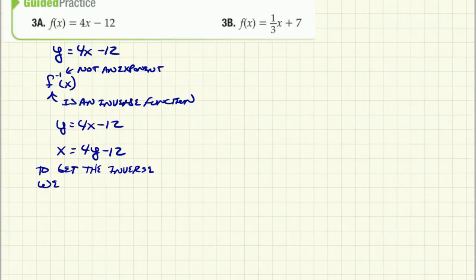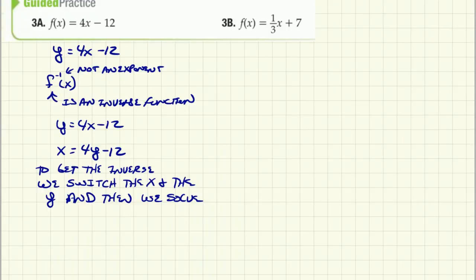So to get the inverse, we switch the x and the y, and then we solve for y.